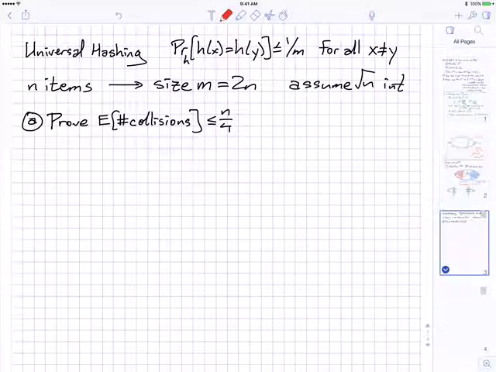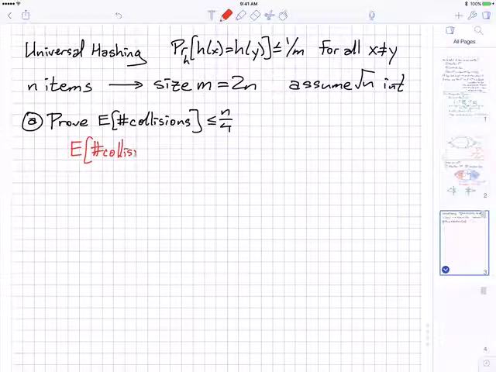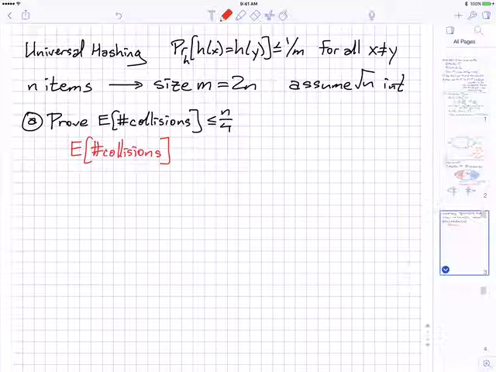Okay, so what I'm going to do is the usual decomposition of a random variable that counts something into a sum of 0, 1 variables, one for each thing that I might count.